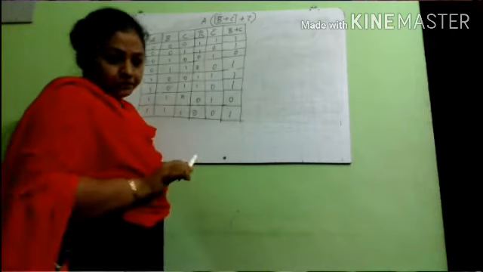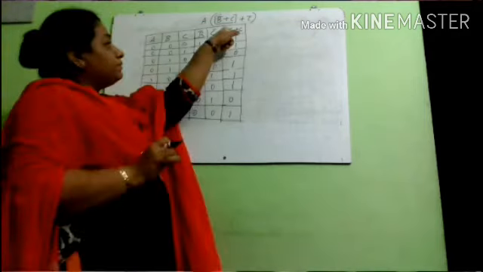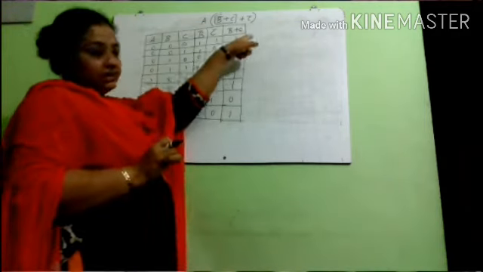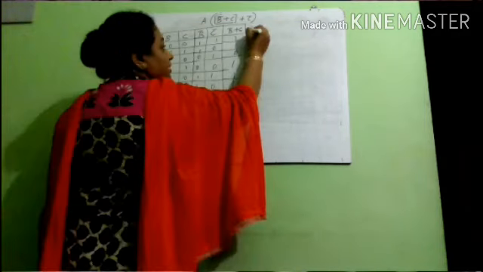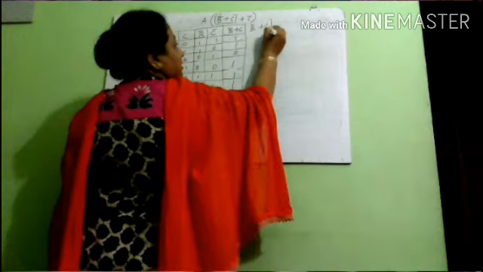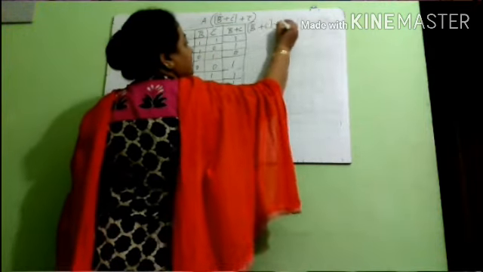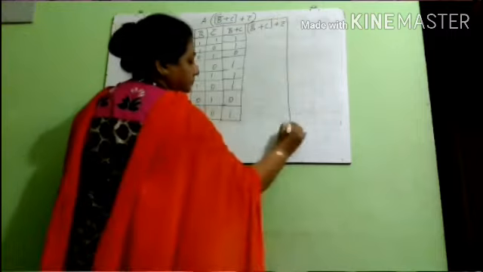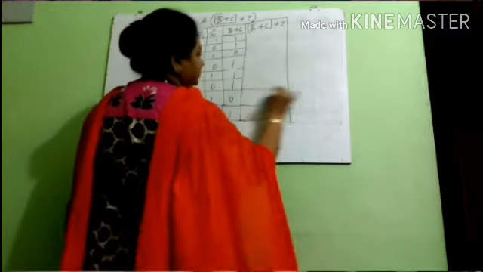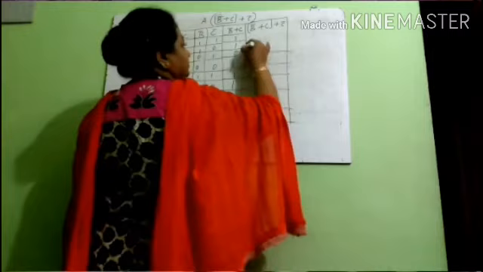C bar is 0 means 1, 1 means 0. Then for B bar, 2 zeros means 2 ones, then 2 ones will be 2 zeros, 2 zeros will be 2 ones and 2 ones will be 2 zeros.